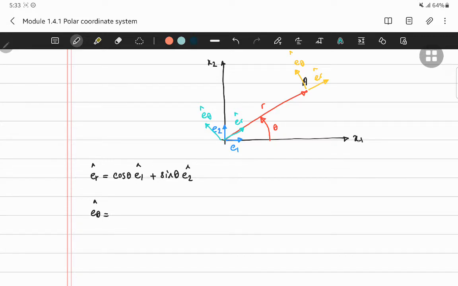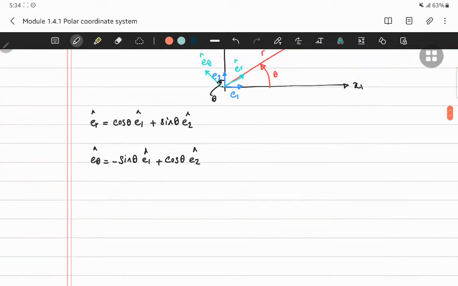If we project this on x1, it is minus, and remember that if this is theta here, this becomes theta here. Maybe it's a good idea to write that this is theta. So this is minus sine theta e1 plus, if we project it on the x2 axis, cosine theta e2. Perfect.